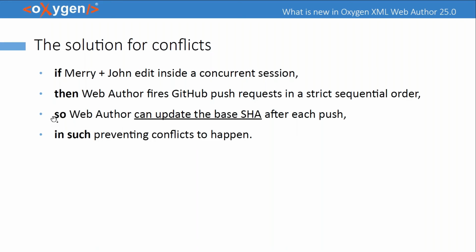The core of the solution is here, because WebAuthor has the possibility to update its base SHA so that when it makes the second request, it does the request with the updated SHA.